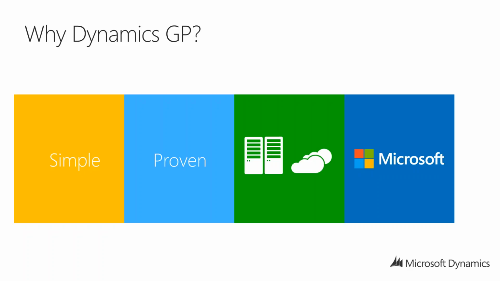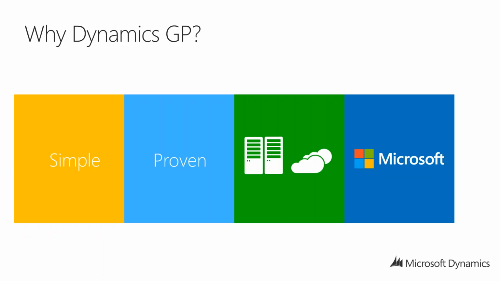It's proven. I think you'll see that here with the next couple of slides, and we know how it works, and lots of people out there have Dynamics GP experience, or what used to be called Great Plains experience, on their resume. We can put it in the cloud, so if you're making the move to the cloud, Dynamics GP is ready to go.